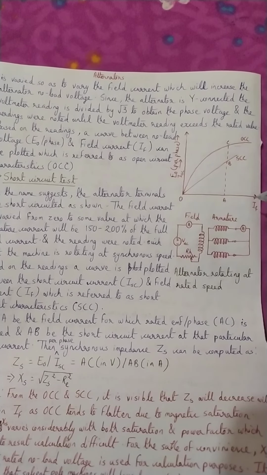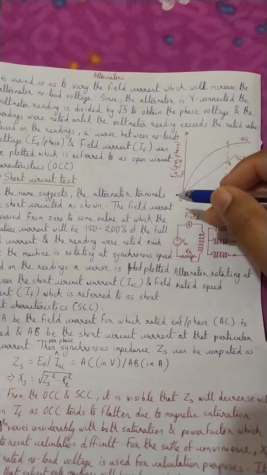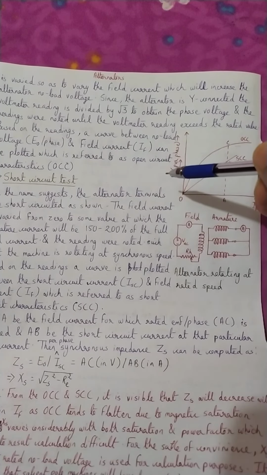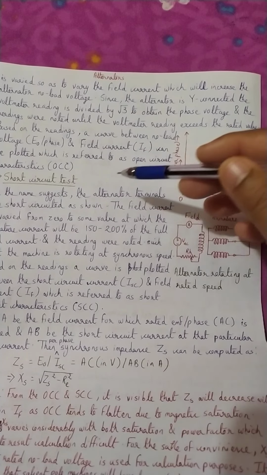So the graph from the data we obtained would be something like this. We are calling it open circuit characteristics because it is obtained by open circuiting the alternator. That is the significance of this OCC. It is drawn between no load voltage per phase and field current.